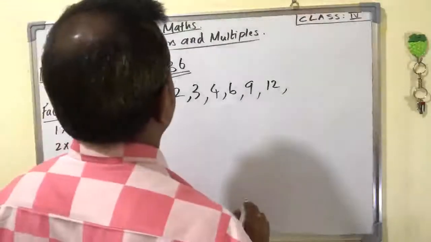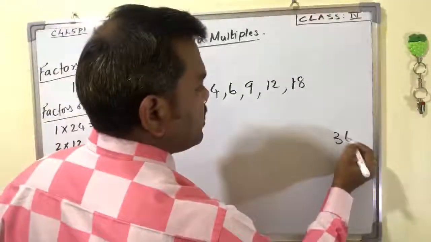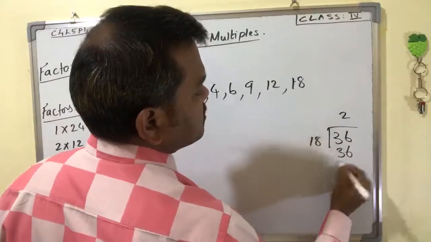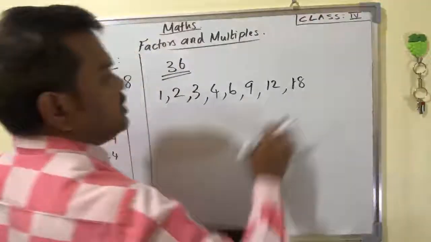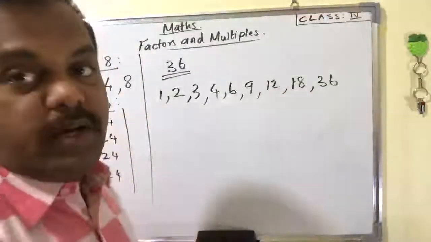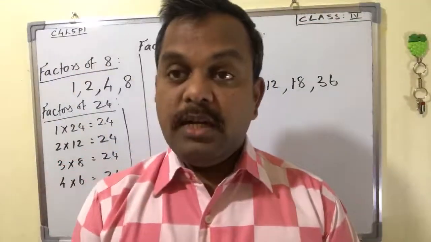Okay, 18 is a factor of 36. 36 by 18. 1 18 is 18, 2 18s are 36. After 18, which is half of 36, comes the number itself. So like that you have to find the factors. So better to find with the division method.